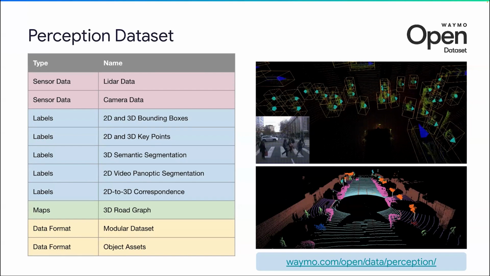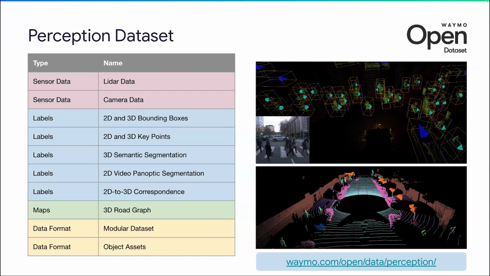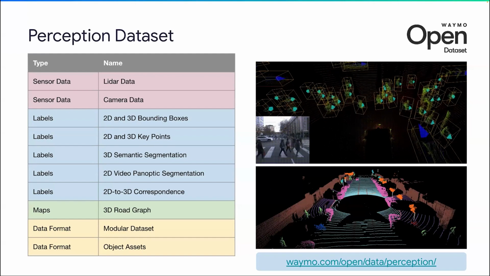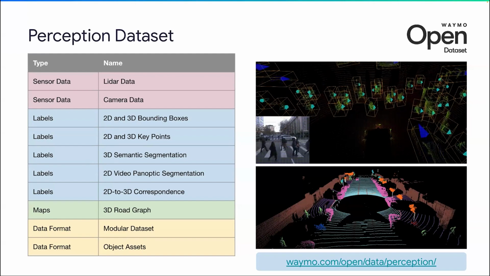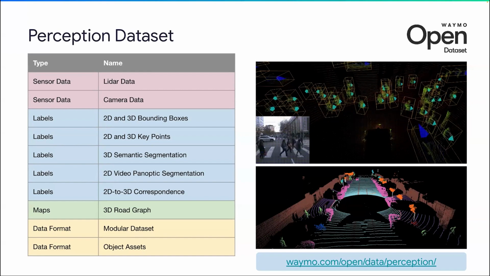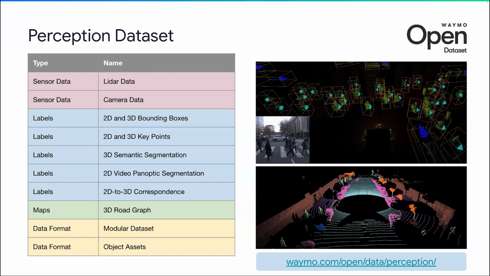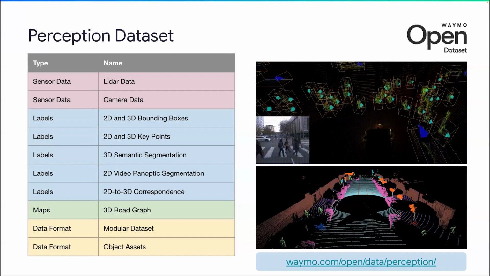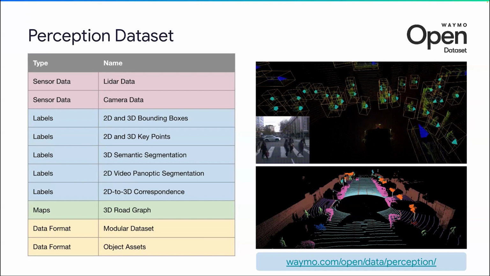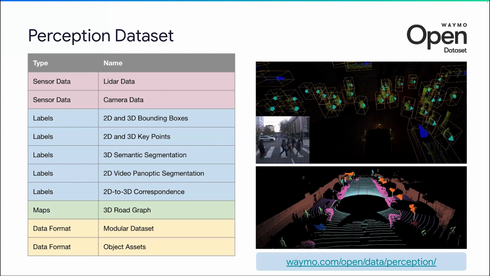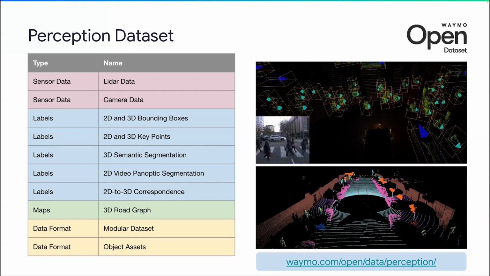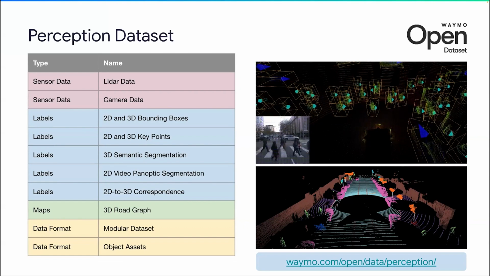Hopefully this makes it easier for people with specific tasks to use the open data set. We also released the object assets data set, which is intended to help generative AI and NeRF kind of systems. These are very comprehensive, and you can find all the information on the open website that is linked there.